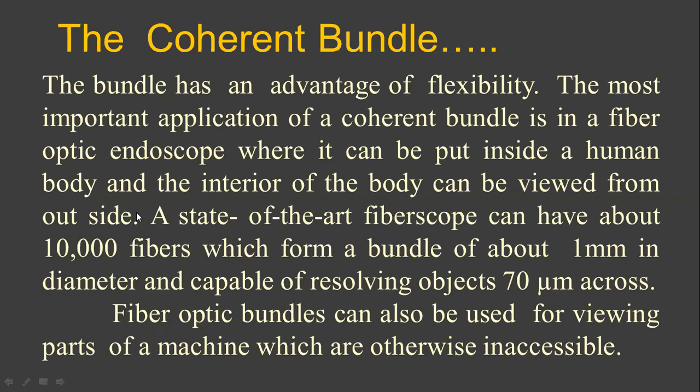For the manufacture of an endoscope, an instrument which is used to see the inner parts of our body, this coherent bundle is used. A state-of-the-art fibroscope can have about 10,000 fibers, which form a bundle of about 1 mm in diameter and capable of resolving objects up to 70 micrometer across.